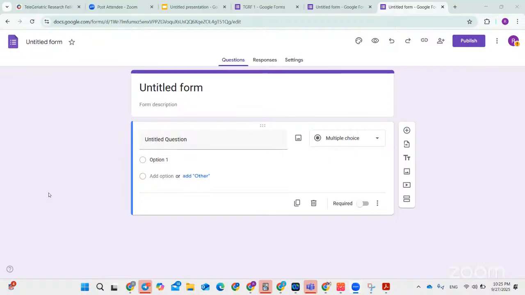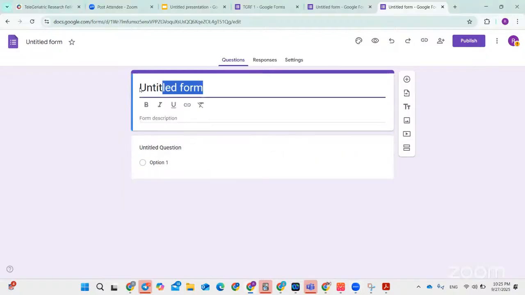We can discuss the result, how to make the questions, and how to find the responses after the quiz. Before we start, when we make the Google form from scratch, you can change the form name, for example, Telegeriatric Research Fellow Assessment, or a quiz form.